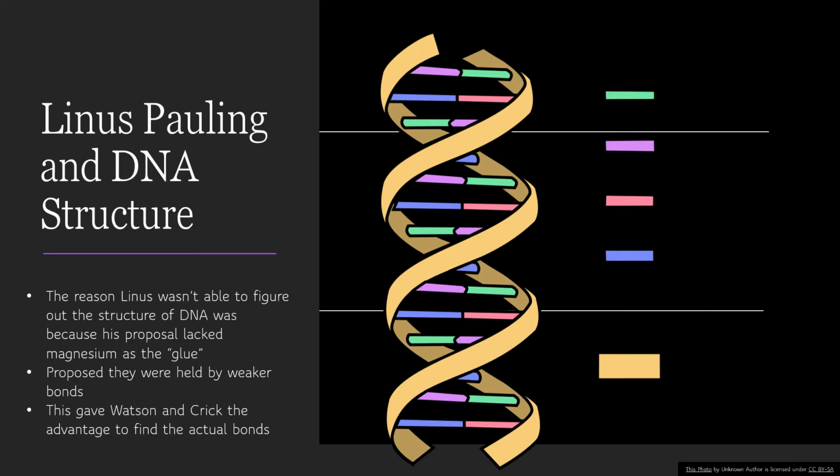But in that paper, he said that the glue that held together DNA was magnesium, and Watson and Crick didn't think that was right, so they went around asking people who knew chemistry, and they were able to figure out that if DNA actually did have magnesium bonds, the bond would be way too weak and it would come apart easily. And this is what made it so that Linus Pauling wasn't able to get the credit for the DNA structure, while Watson and Crick did.